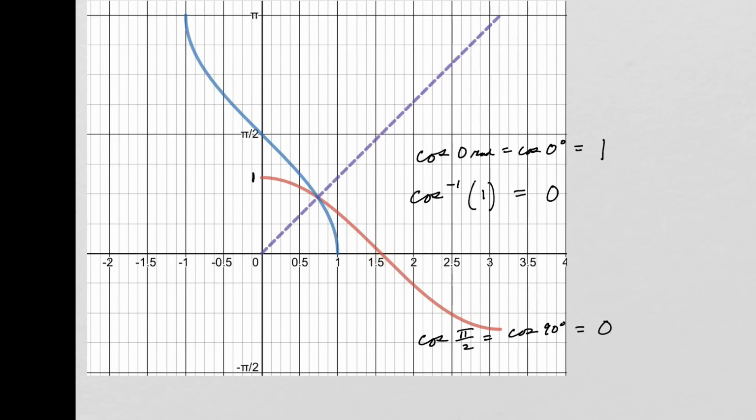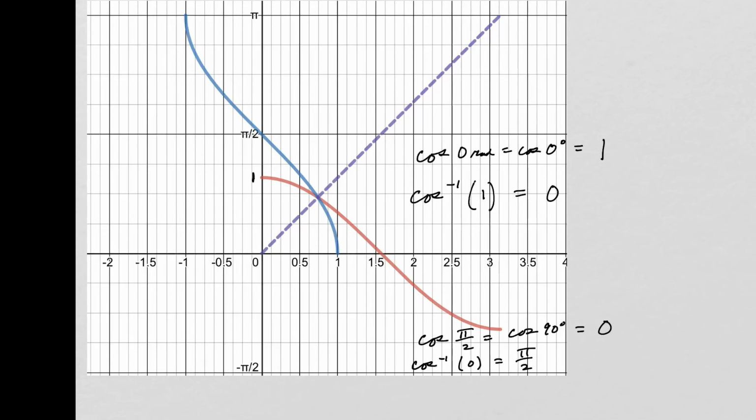So now if I flip it around and I do the inverse cosine, or the arc cosine of 0, I should get back pi over 2. And if you look at this blue curve, that's exactly what we get, right? If the input to the arc cosine or inverse cosine is 0, what's my output? My output is pi over 2, or 90 degrees.